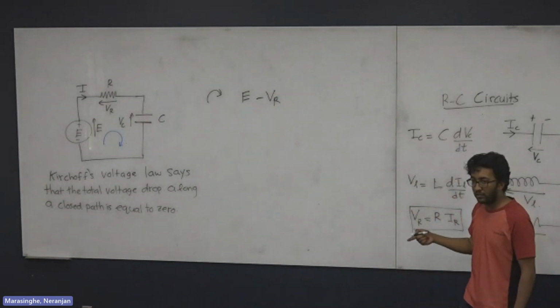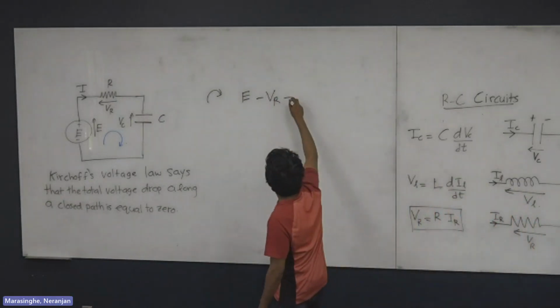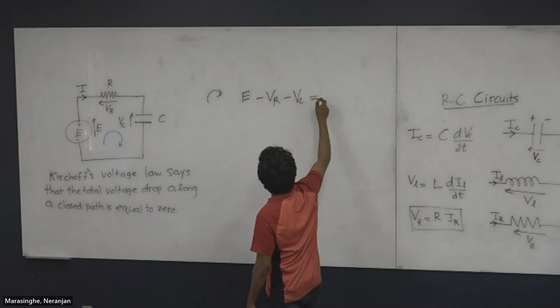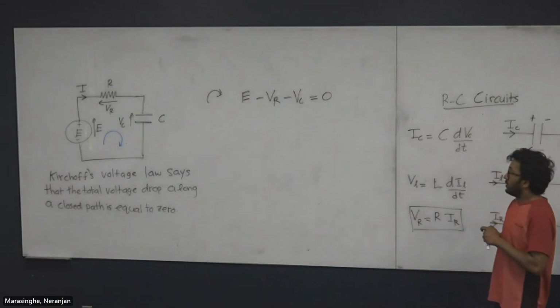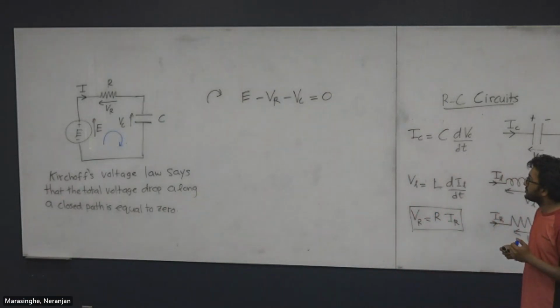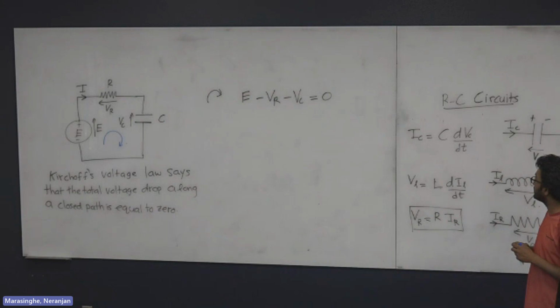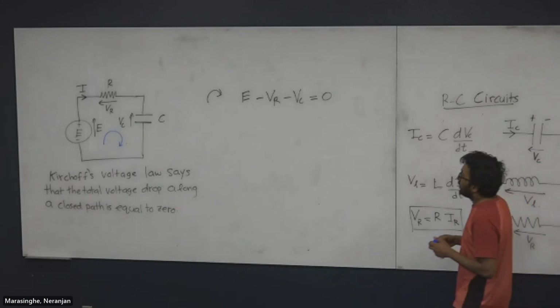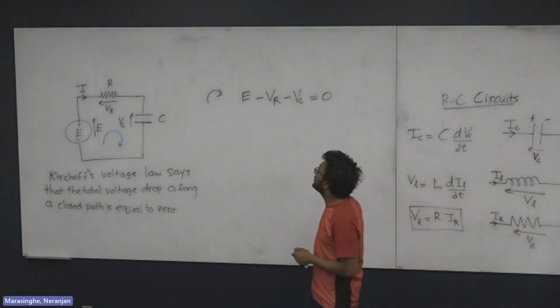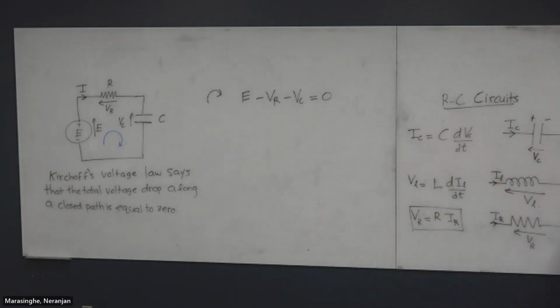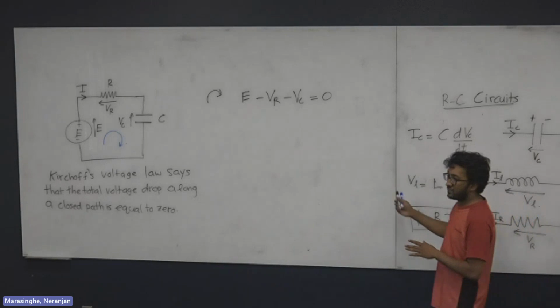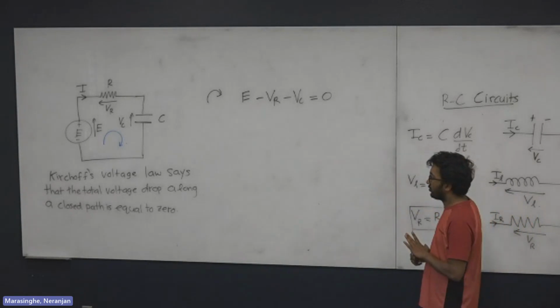So E minus VR minus VC will be equal to 0. It would depend on time. Any questions about Kirchhoff's voltage law?